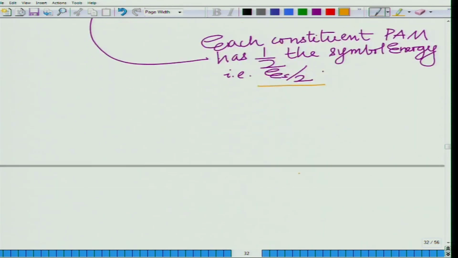Okay. Now, again going back to our PAM, now remember we have M-ary PAM or square root of M-ary PAM, and the difference between levels is 2a, distance between levels is 2a.